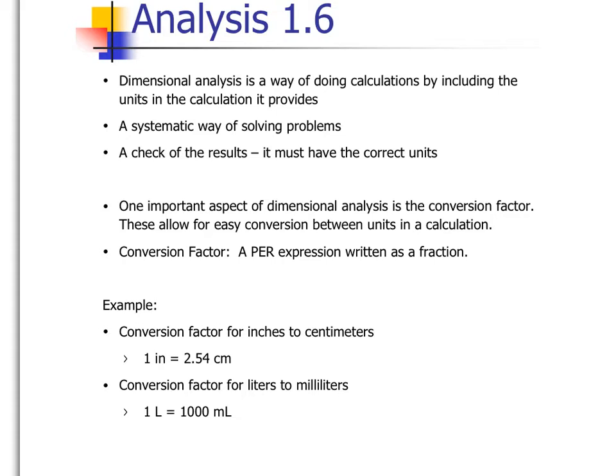Again, they're exact numbers, such as the example here, 1 inch is 2.54 centimeters, or 1 liter is equal to 1,000 milliliters. And it's all based on that per expression. That's the conversion factor, or per expression, which is something that we will bring up later on in the year.